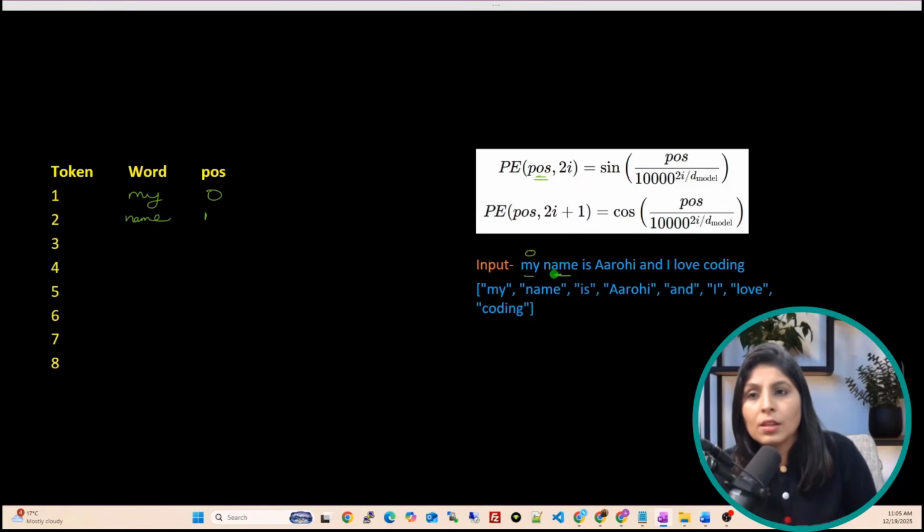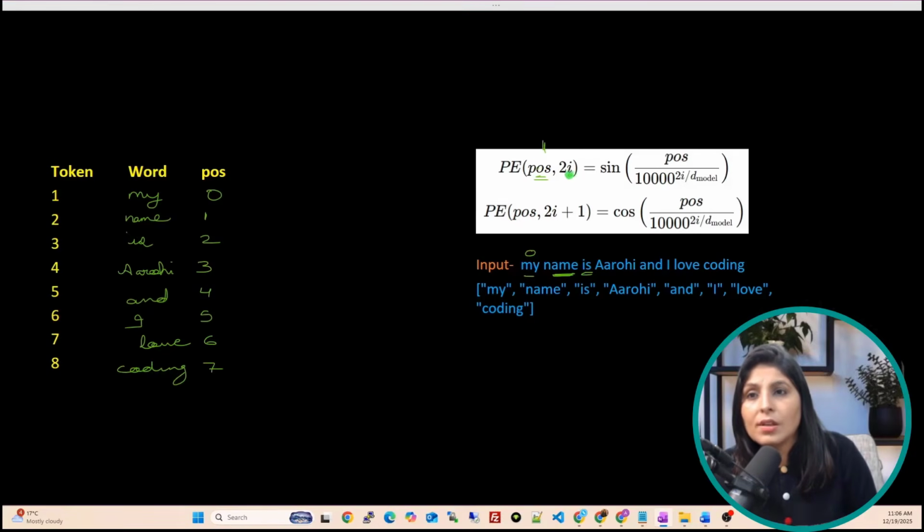So when the token is name, POS will be 1. In the same way, our third token is "is", and POS is 2. For "Aarohi" it is 3, and for "and" we have 4, for "I" we have 5, "love" has position 6, and "coding" has position 7.